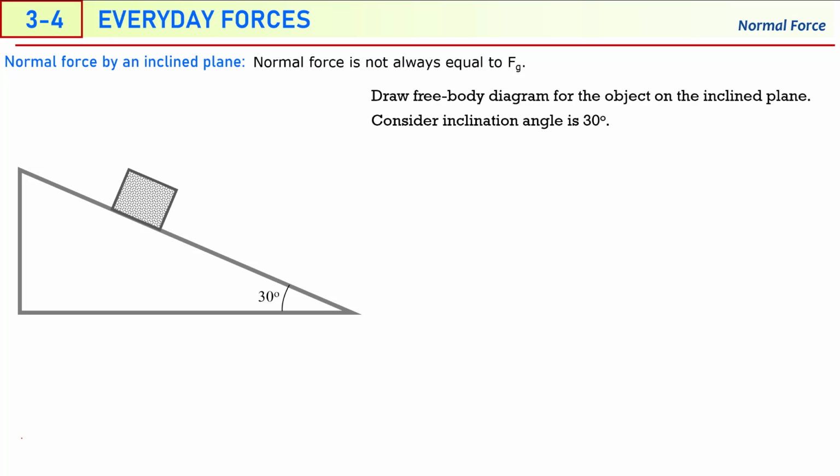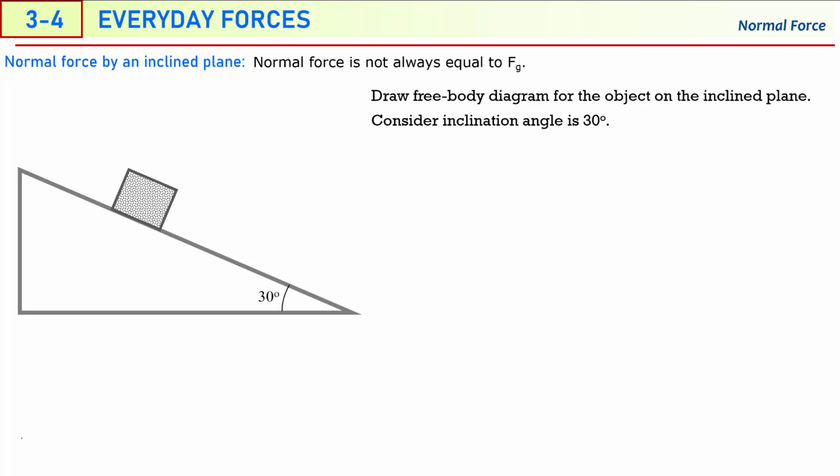First, I have to determine the xy coordinate system, and I have to locate this object, which is on the surface of the inclined plane, in this xy coordinate system. While drawing a coordinate system, choose the x-axis along the direction of the acceleration. In whichever direction you predict the object to accelerate, draw the x-axis along the acceleration.